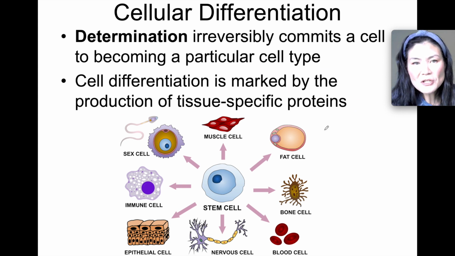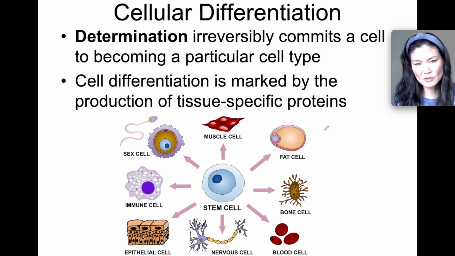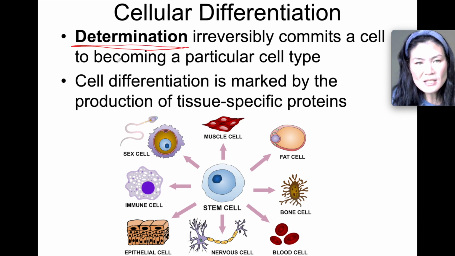So when cells turn into different kinds of cells, like muscle cells, fat cells, bone cells, blood cells, nervous cells, that's called differentiation. But before differentiation, there is a step. Before a cell becomes a different type of cell, it has to be determined. Think of it this way: when you become a doctor, when you become a teacher, you get a job.